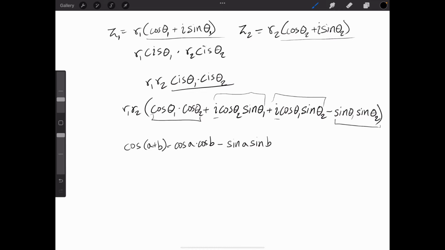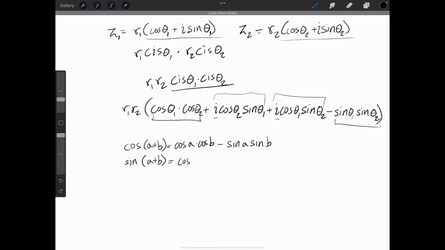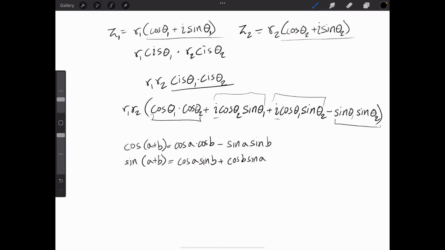The other one is sine of a plus b is equal to cosine a sine b plus cosine b sine a.